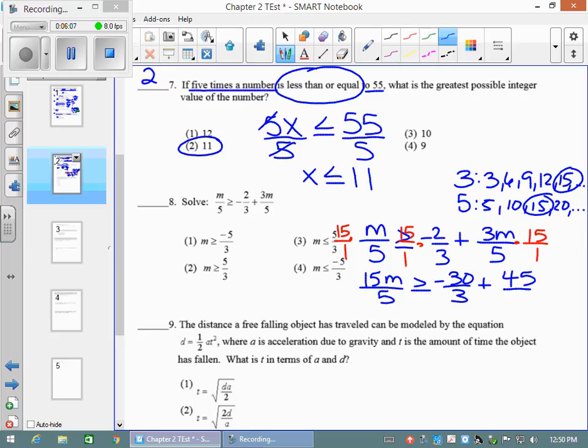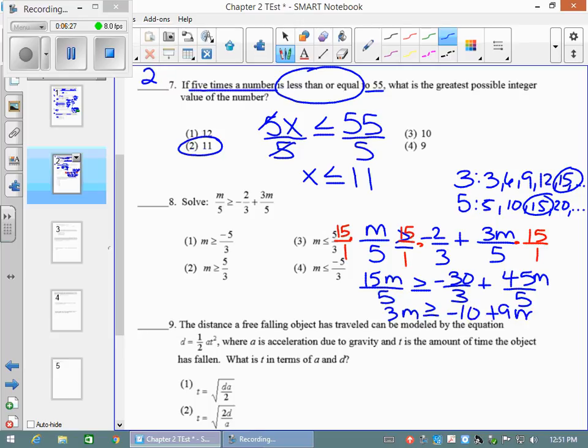And if I simplify now and divide up into my numerators, I should end up with 3m is greater than or equal to negative 10 plus 45 divided by 5 would give me 9m.